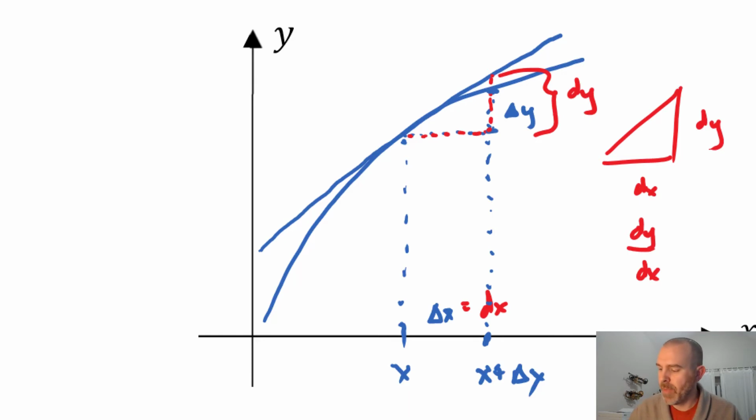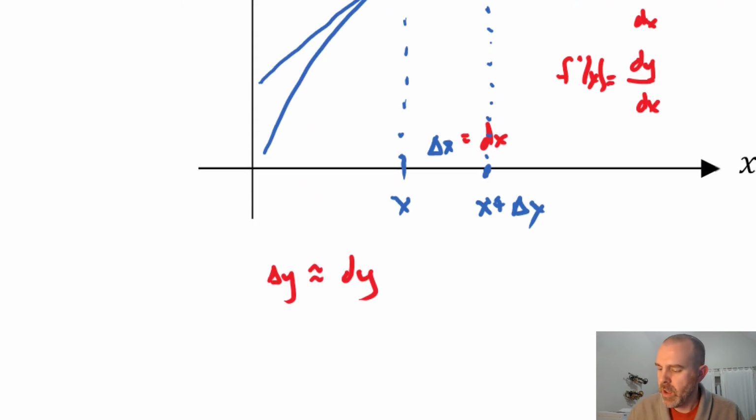That is, the slope of that line is your derivative at x. Now this looks partially like just the notation for the derivative, but in this case we're treating dy and dx as a small change in x and a small change in y. And so to find dy, that is just the derivative f prime at x times dx.